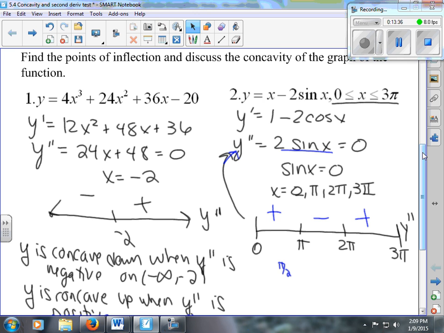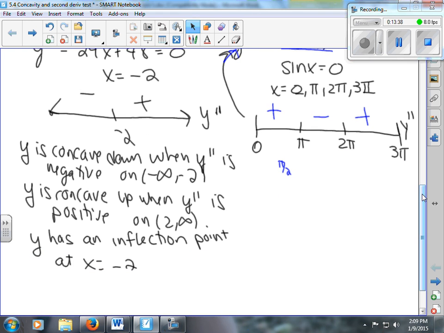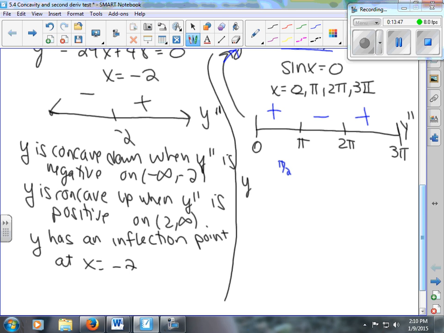All right, and so now I can use this sign chart to answer my questions. Let me distinguish here. All right, so y is concave up. I'm going to write CCU for concave up when the second derivative is positive.